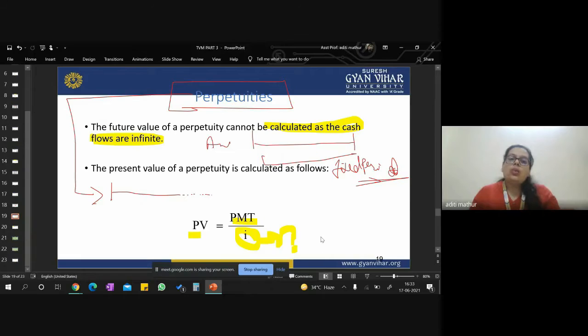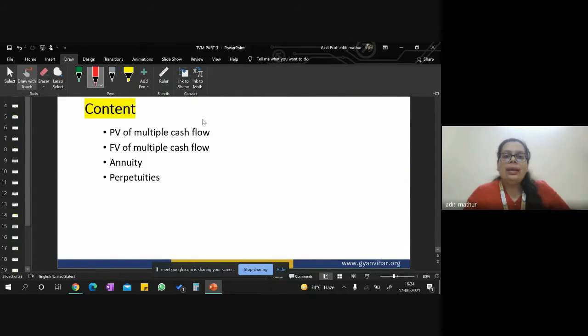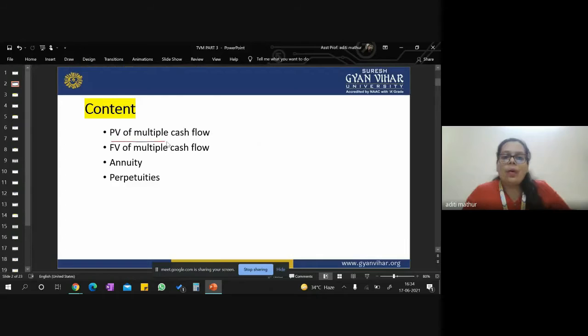So let us quickly have a recap of what we have studied today. We have studied the present value of multiple cash flows, the future value of multiple cash flows, and annuity.